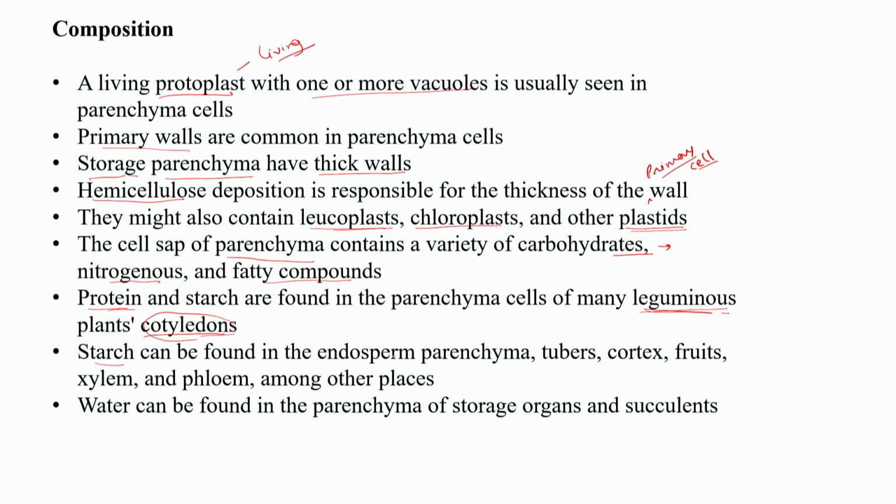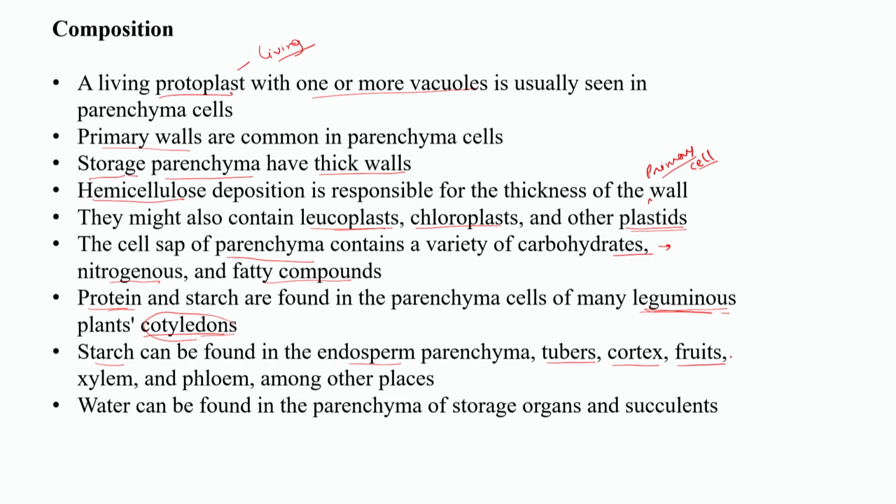Now, starch is found in endosperm. Parenchyma of tubers like potato, which you would have heard of, is a starchy vegetable which contains a lot of stored starch. Those starch grains are stored in the parenchymatous tissue. Similarly, in the cortex also starch is stored.